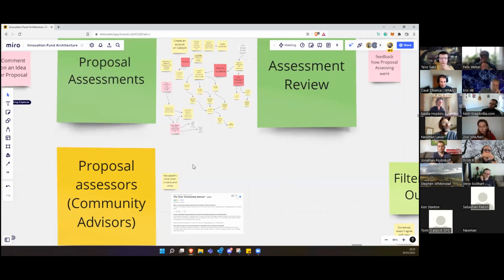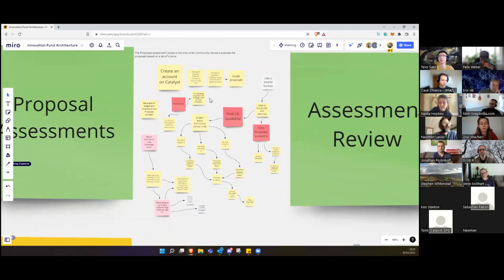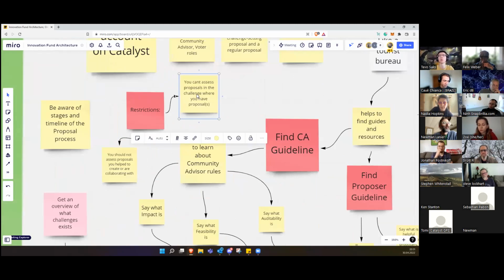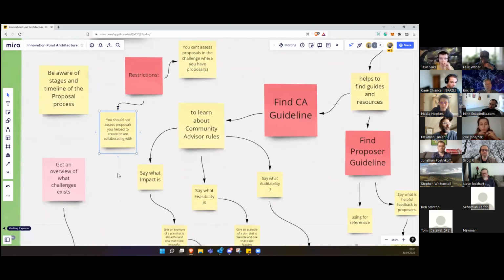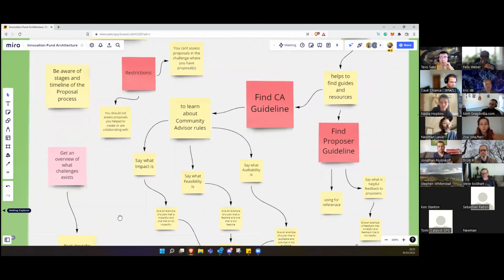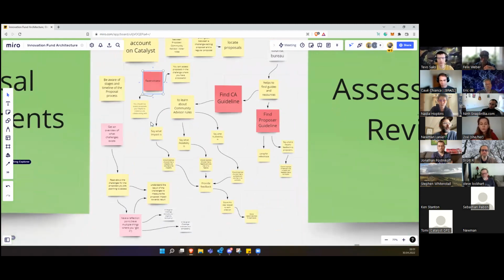There are rules that you cannot assess your own proposals. You cannot assess proposals in a challenge where you have a proposal, like restrictions. And then you should not assess a proposal you helped to create or are collaborating with, but that's now our gray area, it's hard to sometimes make a difference. So that will be the proposal assessor requirements.